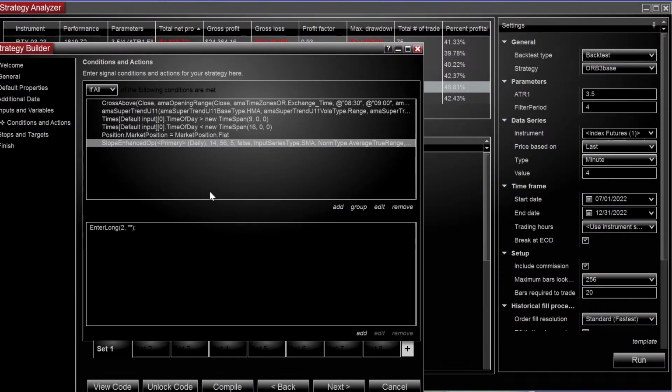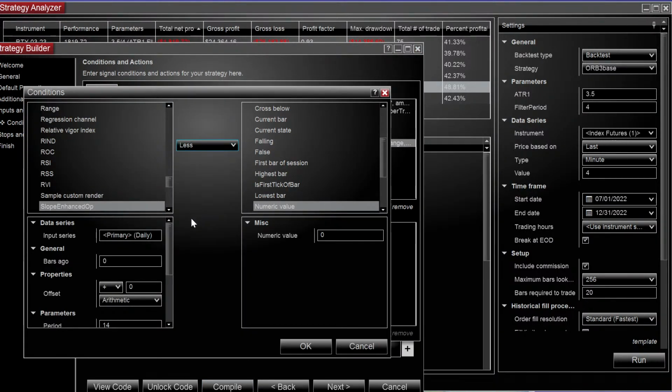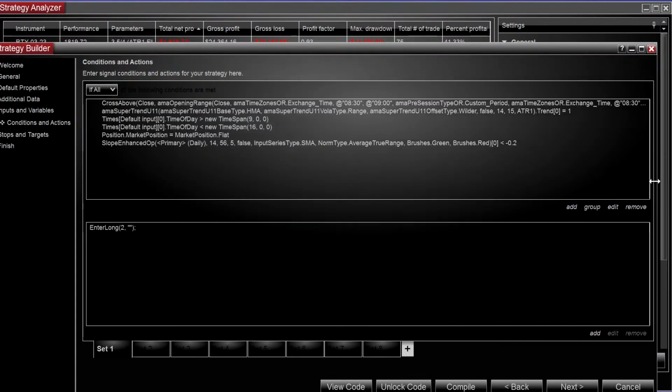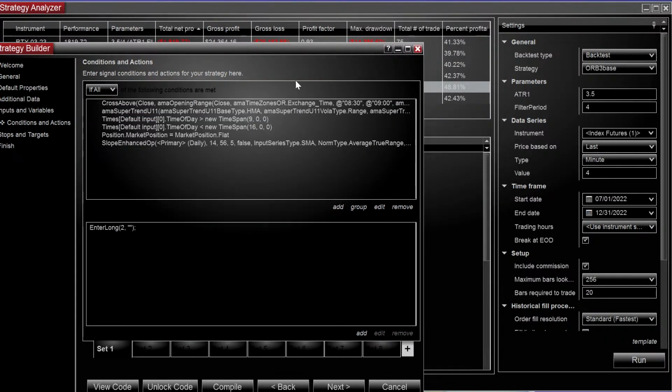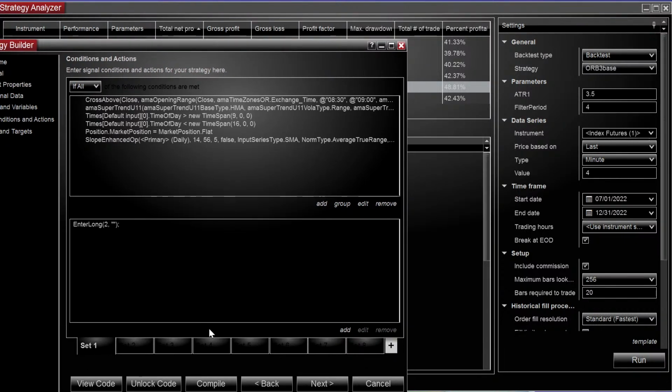How about the opposite? What if the slope is down? Let's do negative 0.2. Make sure to put that negative in there. Yeah, it's less than negative 0.2.